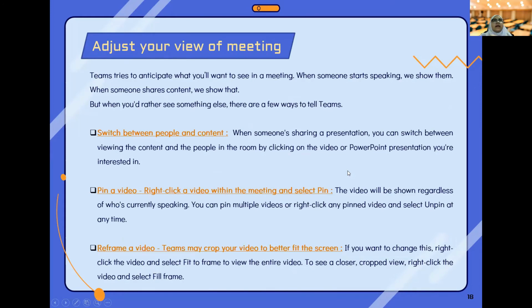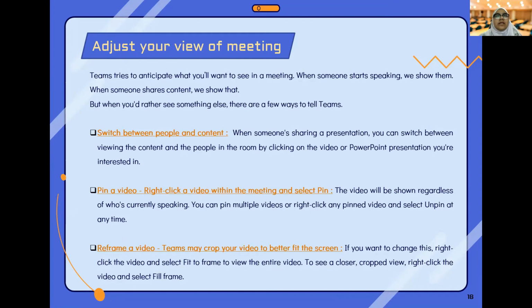To adjust your view of the meeting, this is for anyone, because when using this live meeting, the person who is speaking will automatically be on the main screen. So we can switch the people and the content by just clicking on the video or PowerPoint presentation you are interested in. It will be in the main screen beside the people who are presenting.